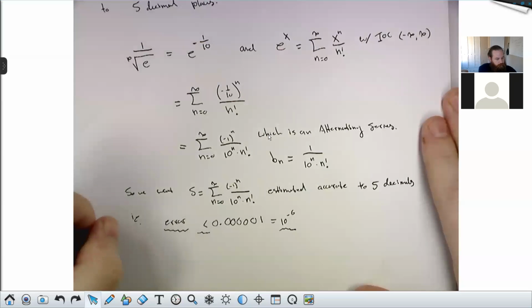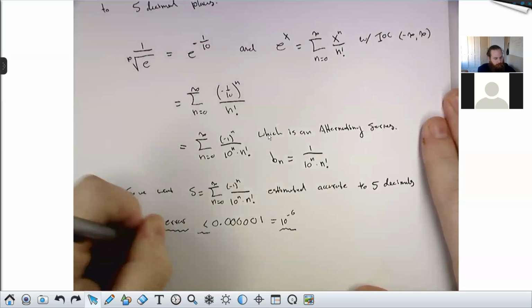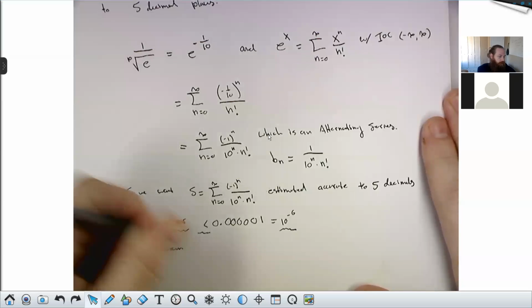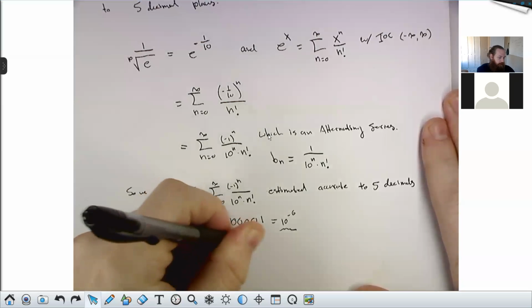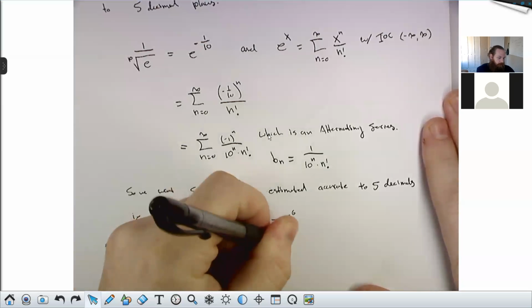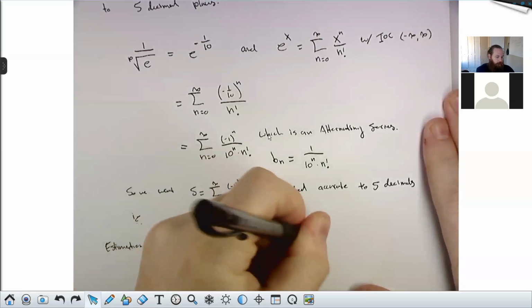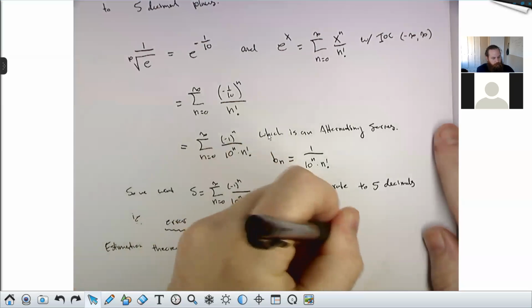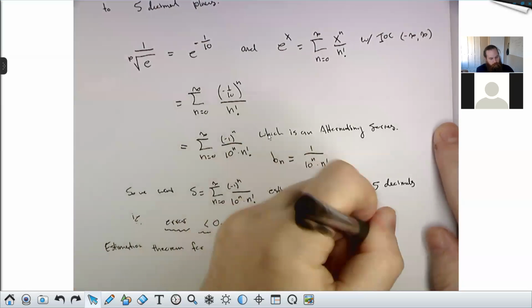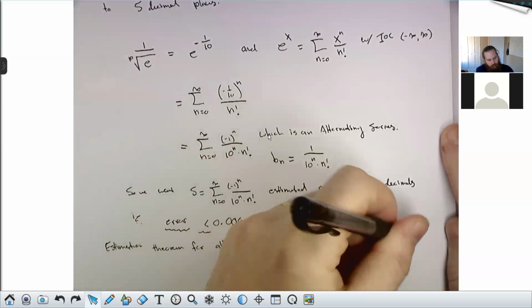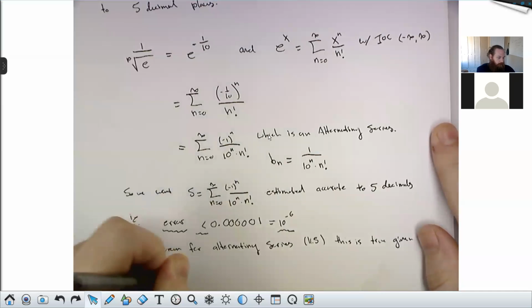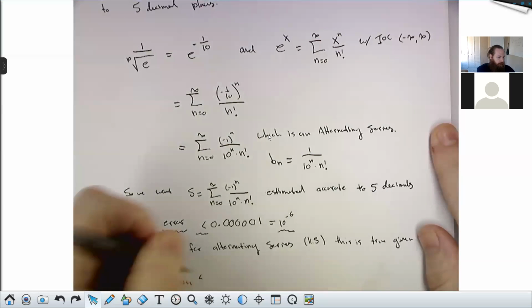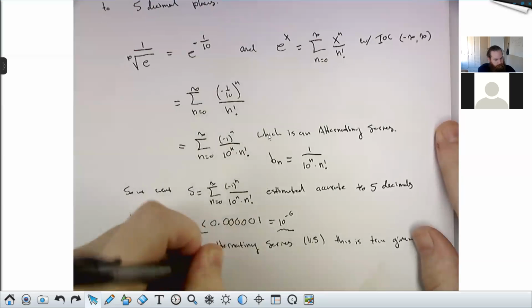And according to the estimation theorem for alternating series, from section 11.5, this will be true given that b sub n plus 1 is less than this number, 10 to the negative 6.